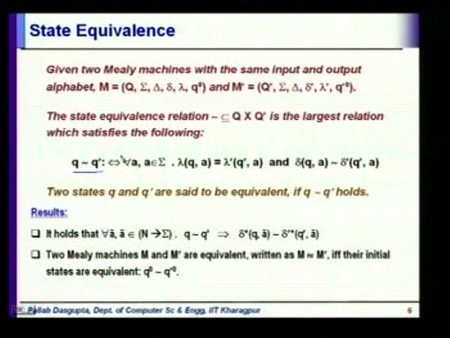No, first of all, you see that they may not have the same number of states, right, but they can still be equivalent, because our definition of equivalence is that for the same input sequence they produce the same output, not same states, same output.